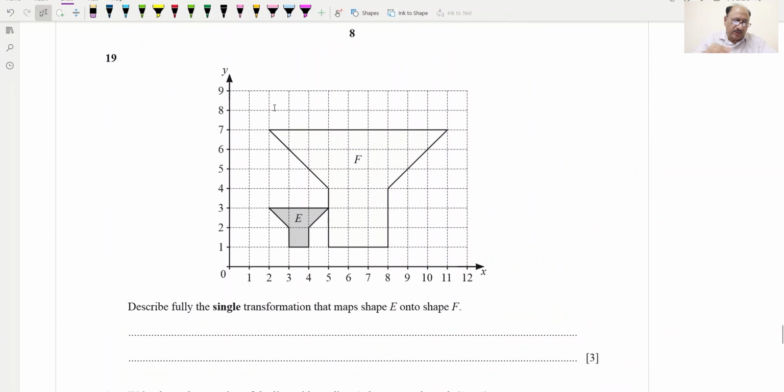Now question number 19 says describe fully the single transformation that maps shape E onto F. So this is our E shape, this is F shape, and we need to check for the transformation.